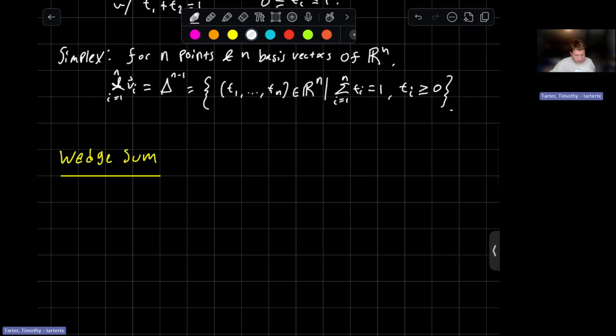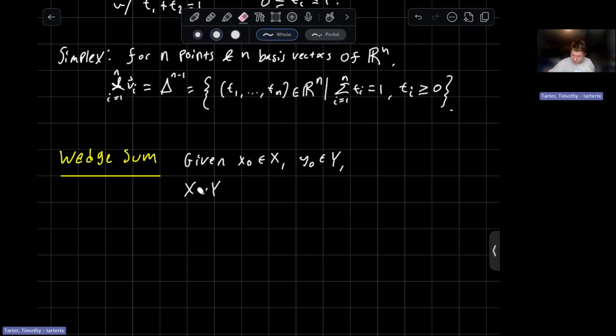So given spaces X and Y with chosen points, x_0 in X, y_0 in Y, then the wedge sum, X ∨ Y is often what we'll call it, and I need to make this a sharp V so it doesn't look like a union, because it isn't a union, is the quotient of the disjoint union obtained by identifying x_0 and y_0 to a single point.